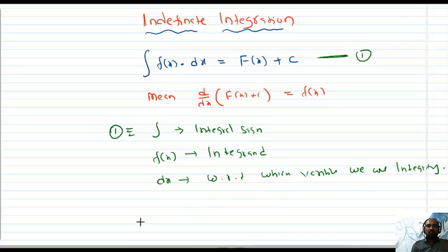Okay, what is the capital F of x? That is the interesting thing. Capital F of x is called the antiderivative, or sometimes called the primitive of f of x.